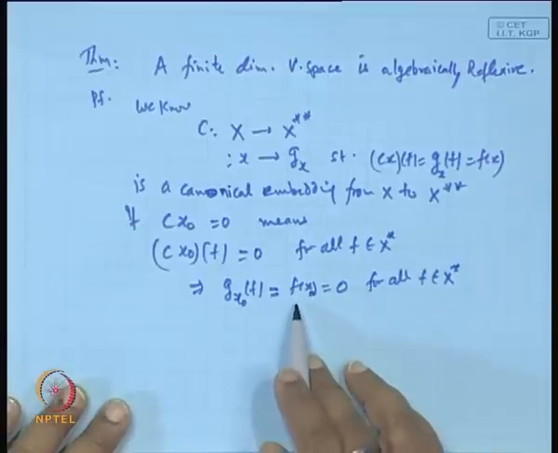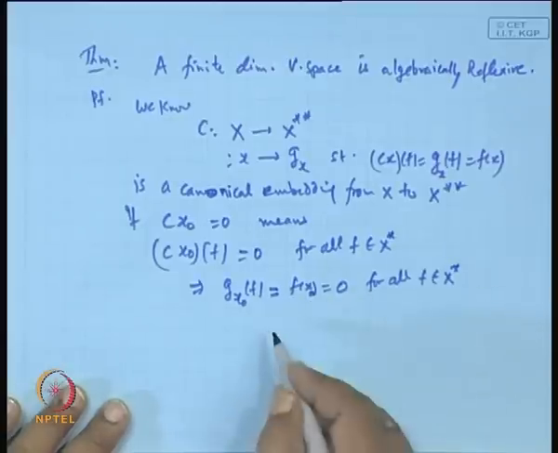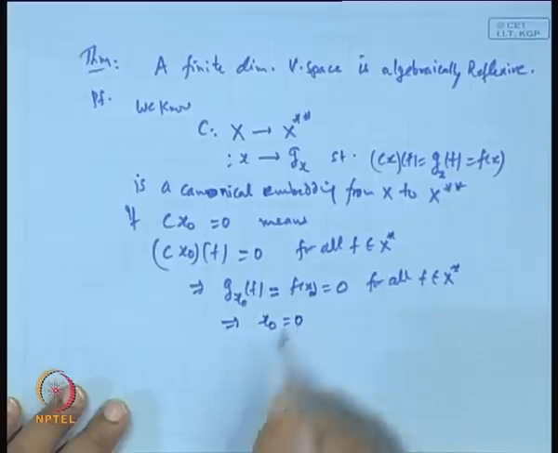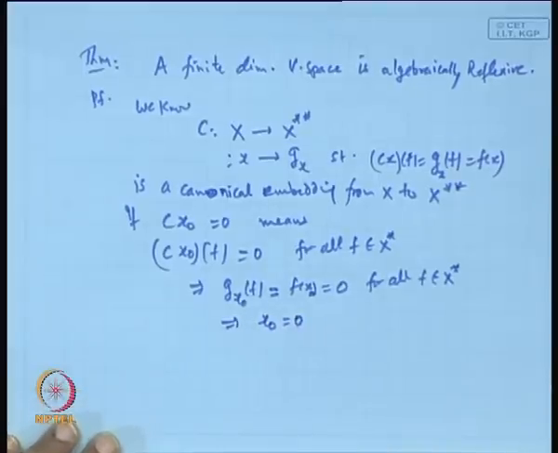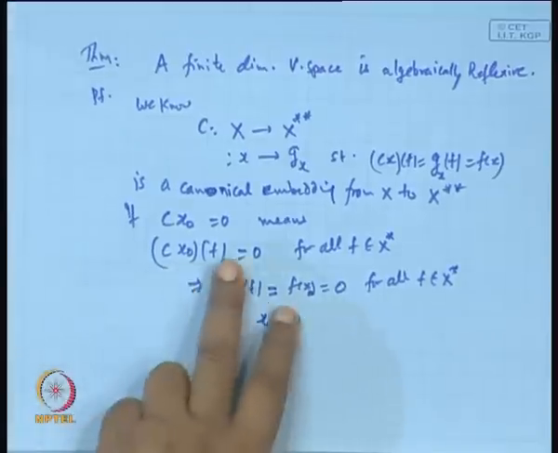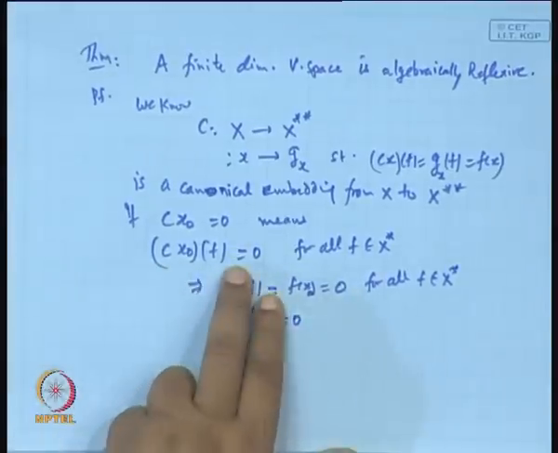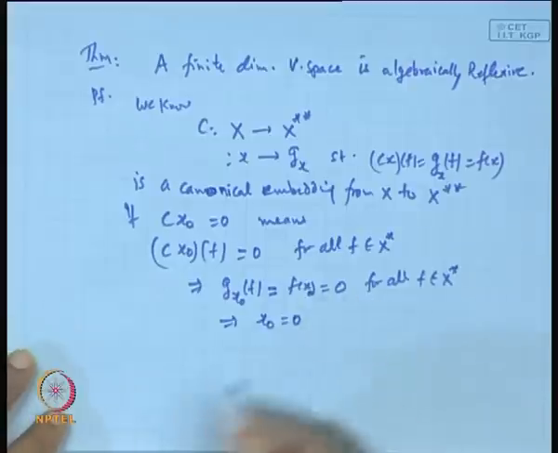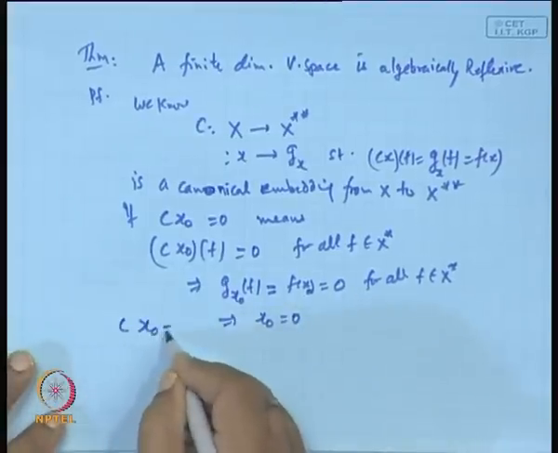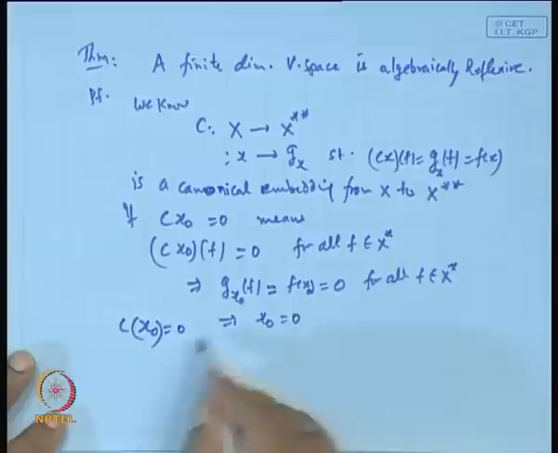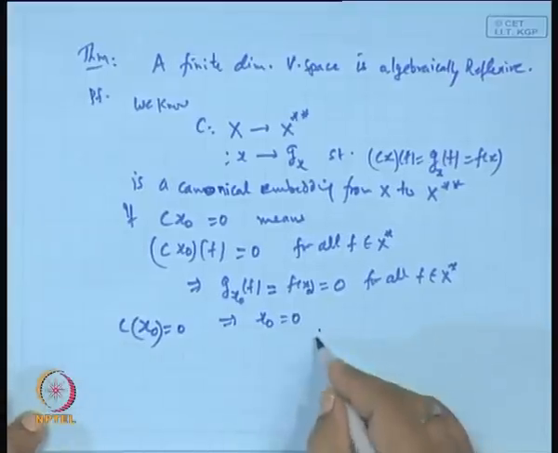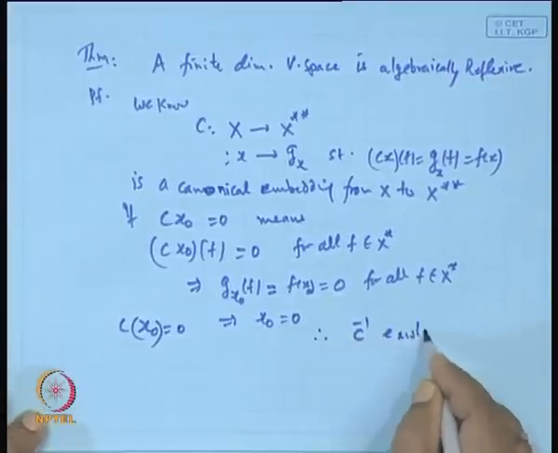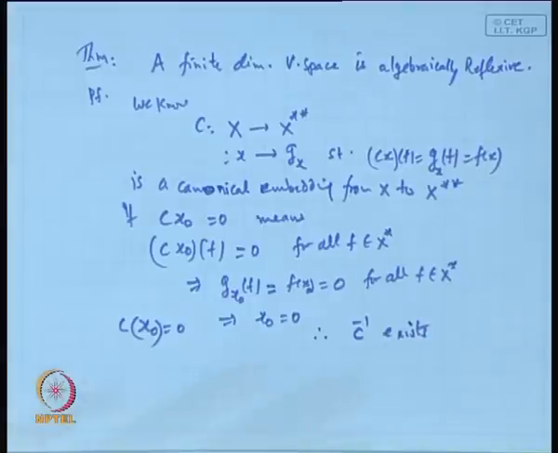But we have seen that f of x0 is 0 for all f implies x0 must be 0. Okay? So, if C x0 is 0 it means C x0 f is 0 for all f, so f of x0 is 0. So, C x0 equal to 0 implies x0 is 0. So, therefore, C inverse exists. That result is okay. C inverse will exist.